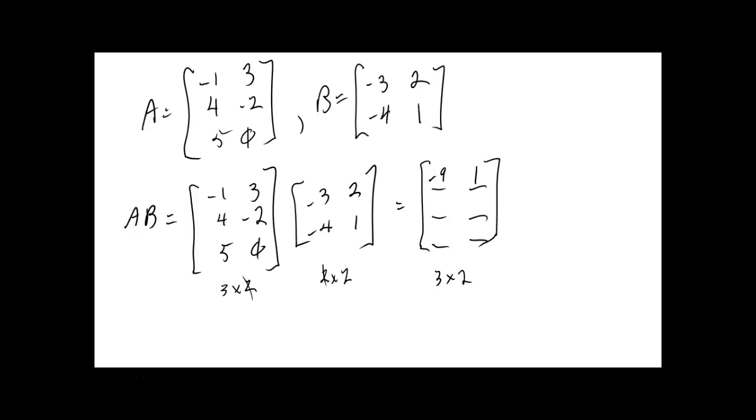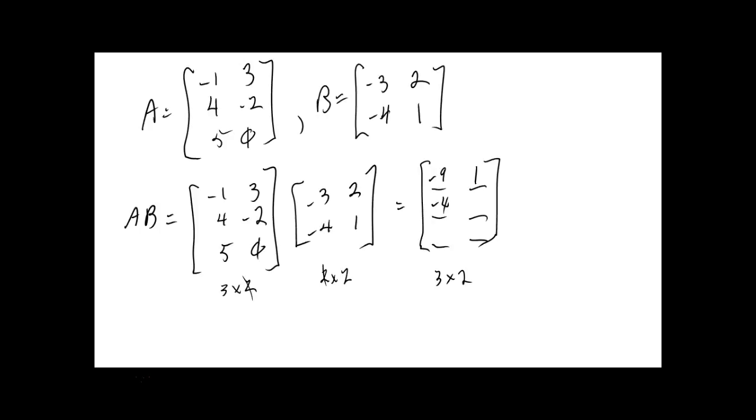Second row, first column. Very good. What does that give us? -12 plus 8 is what? -4. All right.